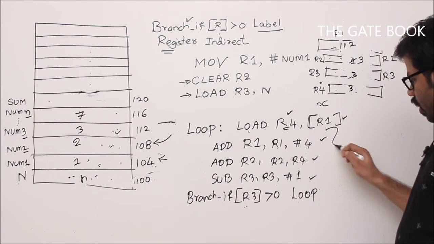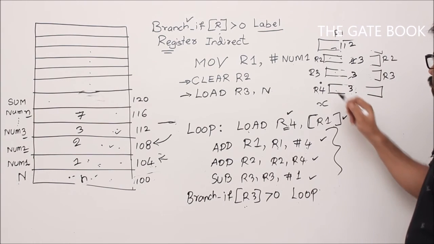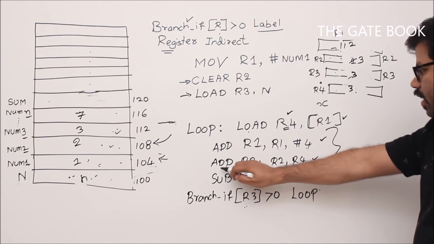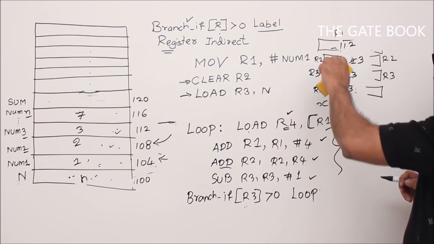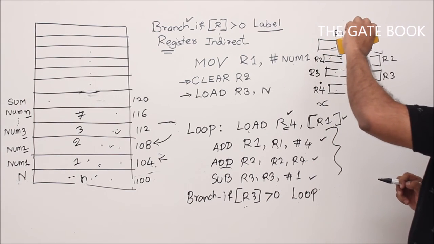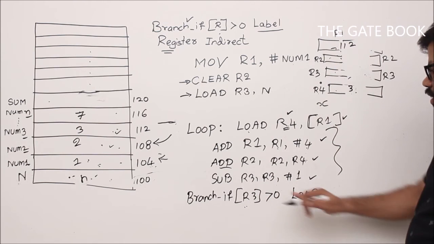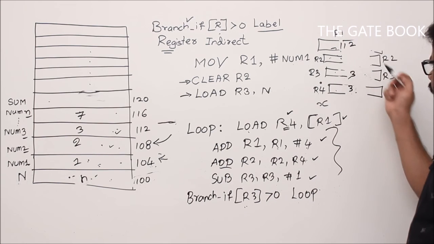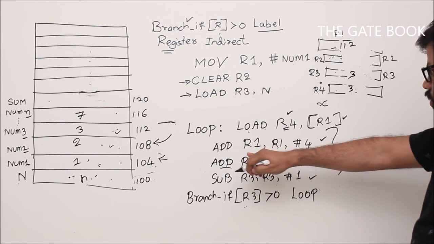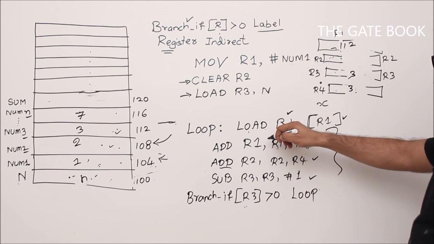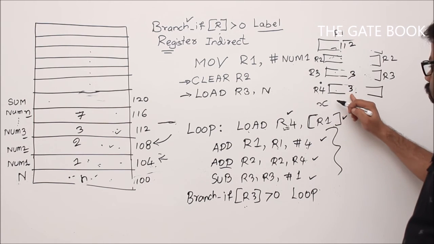In that way, if you continue this process, what happens? So this time again add R2 equal to R2 plus R4. This would become what? So it is not 3 here. I mean already it is 3. We have to store that value into R4, right? Yes, we took that value into R4.